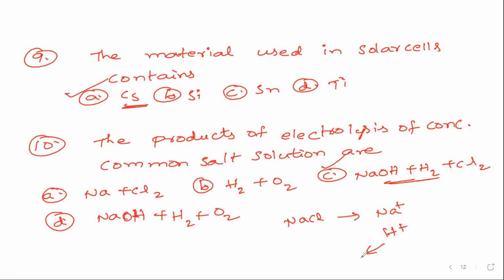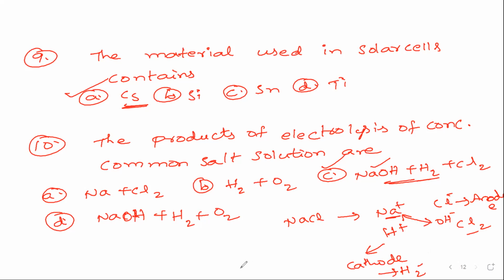H plus ions go to the cathode and form hydrogen. Chloride ions go to the anode and form chlorine molecules. The rest, sodium ions and OH minus ions, remain in the solution and combine to form sodium hydroxide.